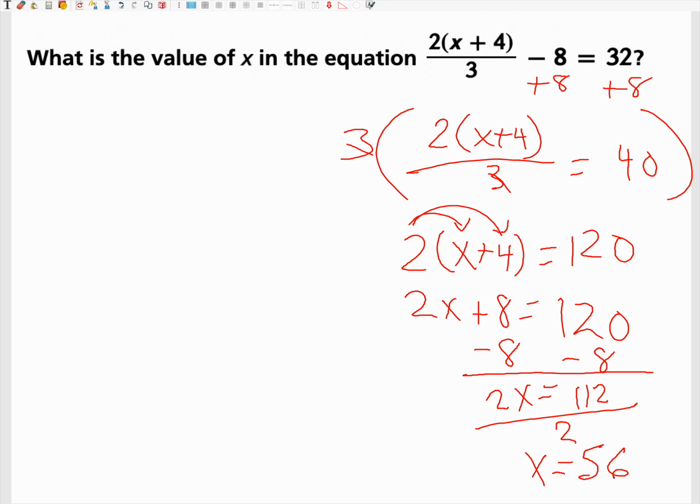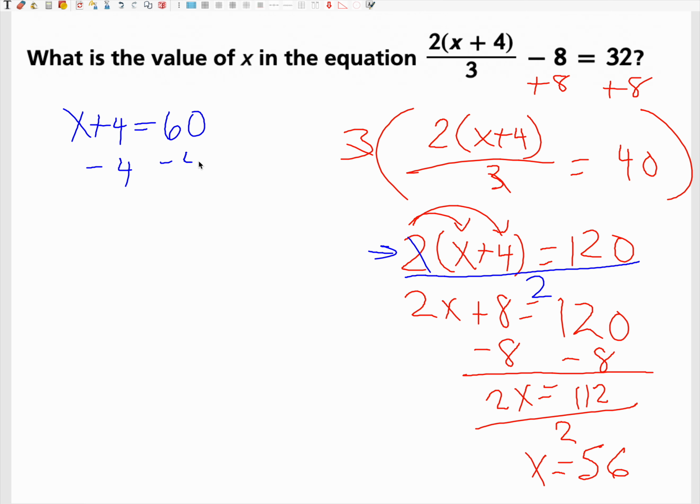Okay, let's go back a couple of steps. What's something different I could have done on this line instead of distributing there? There's nothing wrong with distributing, it solved perfectly. But could I do something different on that line? Could divide by two right there. If I just take this and divide everything by two, that takes that two out, so I'd have x plus 4. And then 120 divided by 2 is 60. So x plus 4 equals 60.